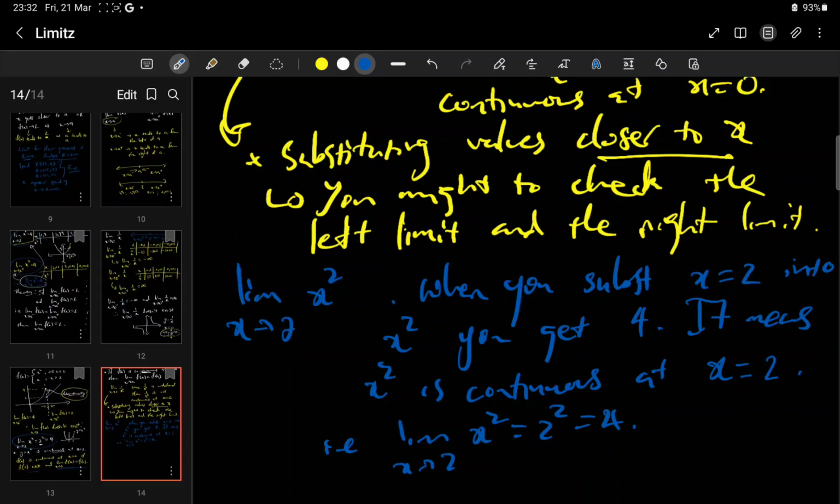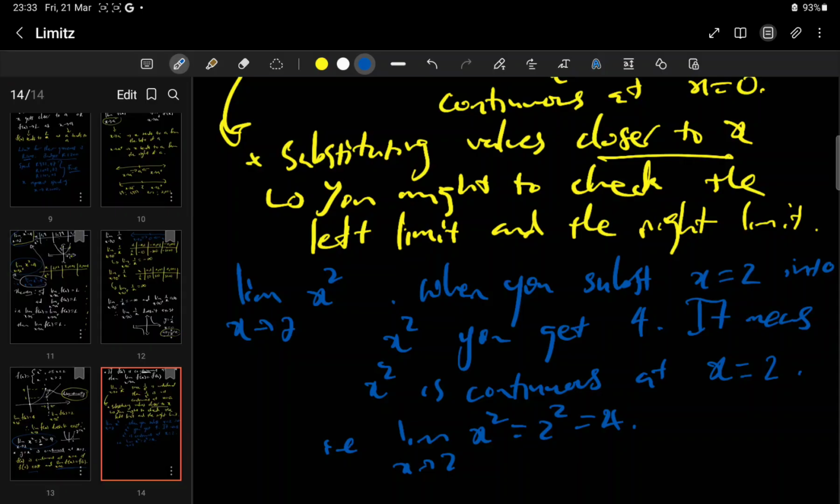If when you substitute, the function becomes undefined, it means that function is not continuous at that point. Therefore, you cannot substitute in evaluating that limit. It doesn't necessarily mean that because the value is undefined when you substitute, the limit doesn't exist. No, the limit can still exist even if the function is undefined at that point.